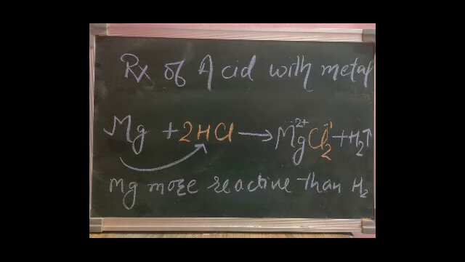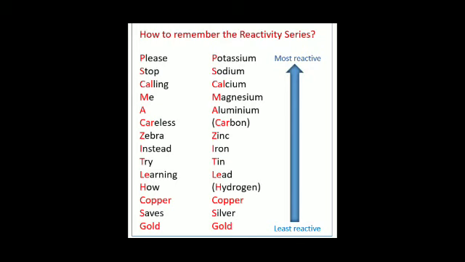Now, how do we come to know that magnesium will displace hydrogen? For this we have a list of elements. On the basis of the reactivity series, we can find out which element is more reactive than another. As magnesium is above hydrogen, it means magnesium is more reactive than hydrogen.